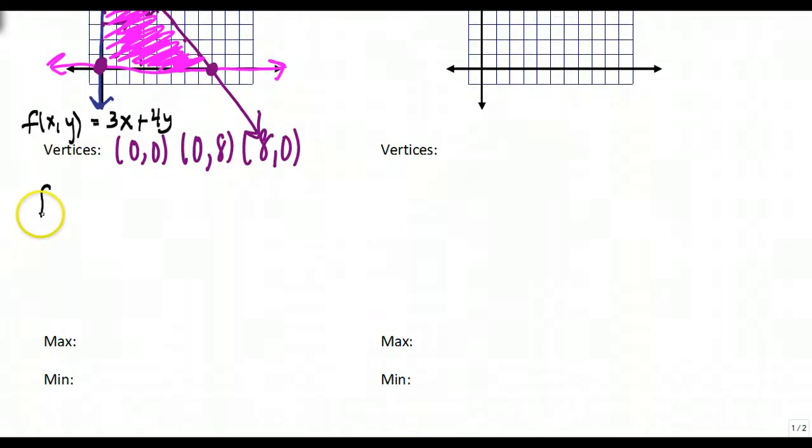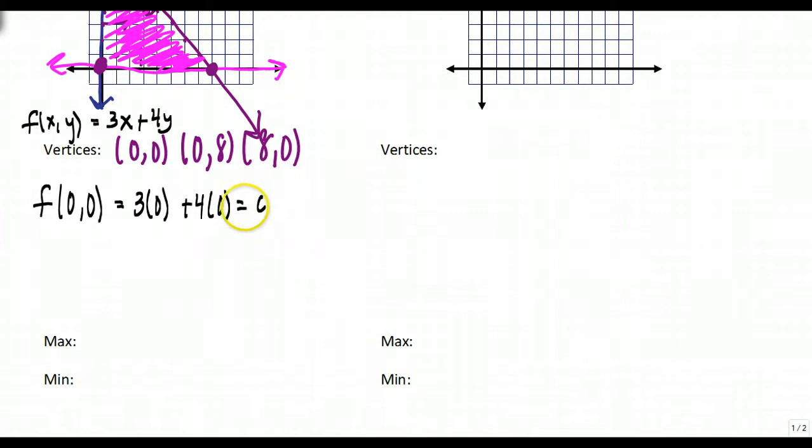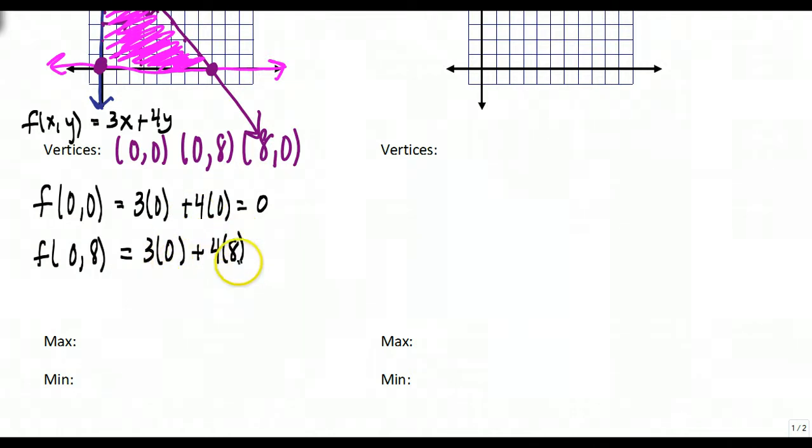So the first is f of 0, 0. So that means 3 times 0 plus 4 times 0, which is 0. Then I have f of 0, 8, which is 3 times 0 plus 4 times 8. I'm just substituting in my values for x and y. And I get 32.